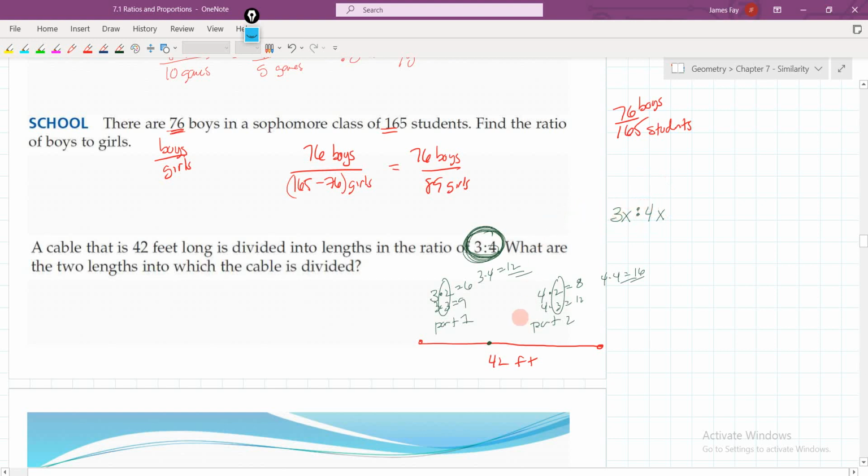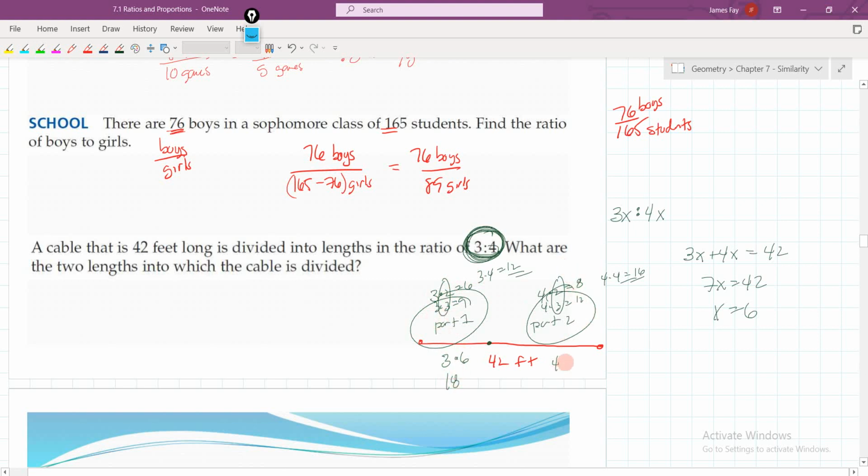If that's the case, and this part is 3x and this one's 4x, we could say that 3x plus 4x should give us the total of 42. So 7x equals 42. x is 6. So the number that I would need to multiply this 3 by would have been 6, and it gives me 18.